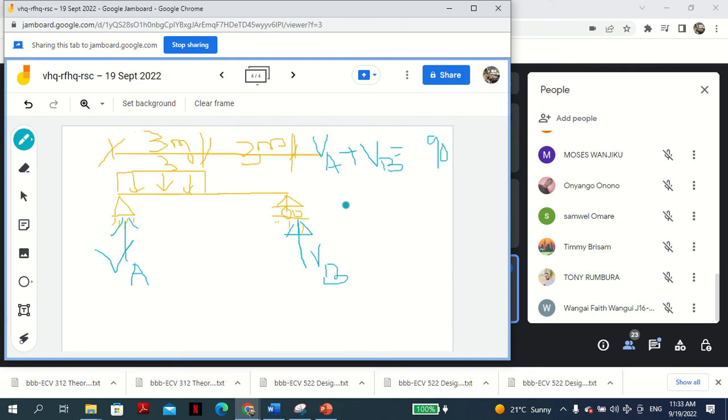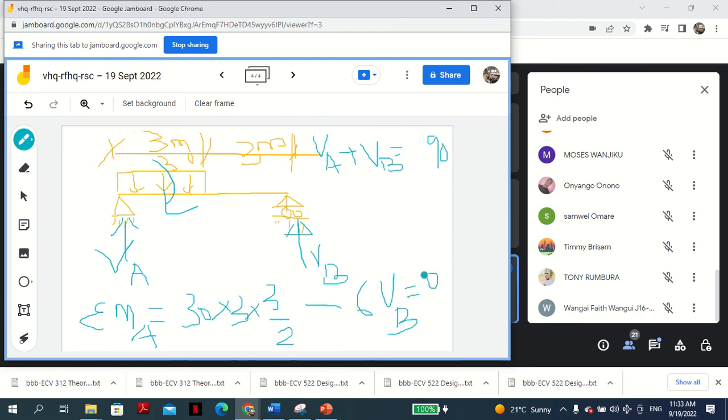The first thing, you can sum moments at A. Summing moments at A would make 30 times 3 times 3 over 2, assuming that is positive, then the other one is minus 6 VB equals 0. That gives VB as what?